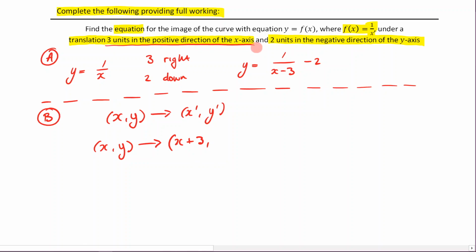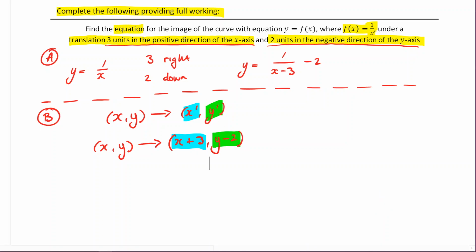And we know that every point on our new graph is going to be y minus 2 because it's 2 units in the negative direction of the y-axis. So what we have just said is x dash is equal to x plus 3 and y dash is equal to y minus 2.